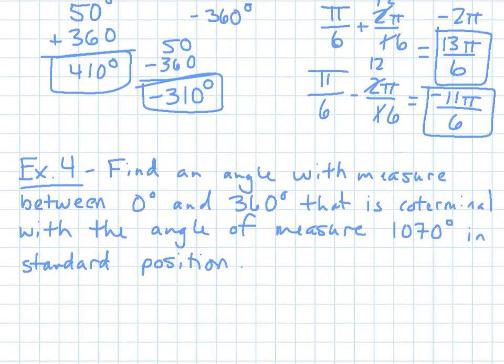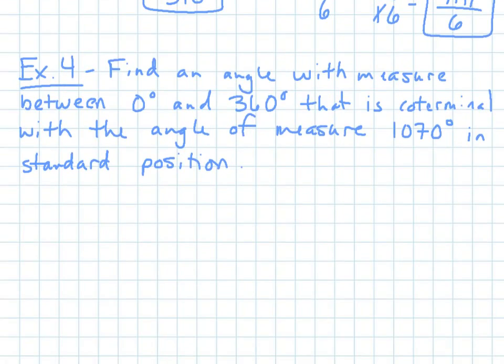Okay? Example 4 wants us to find an angle with measure between 0 and 360 that is coterminal with the angle measure of 1070 degrees in standard position. So if you have some angle and you want to get it in between 0 and 360 and find that coterminal angle, you need to take away 360s.